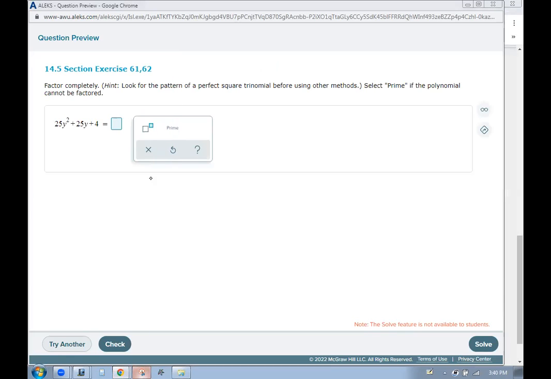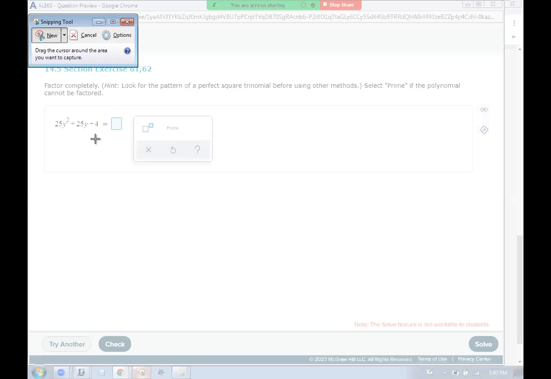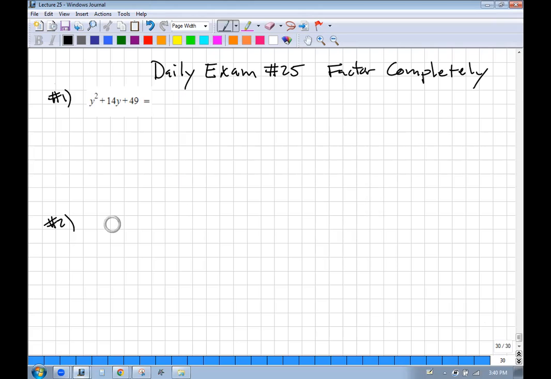Factor completely. Now, a big hint is that this section is about perfect squares. These happen to be perfect squares. This is a perfect square, that's a perfect square, and I'll bet you that will match your pattern for perfect square, right? But you can also use the AC method, okay?